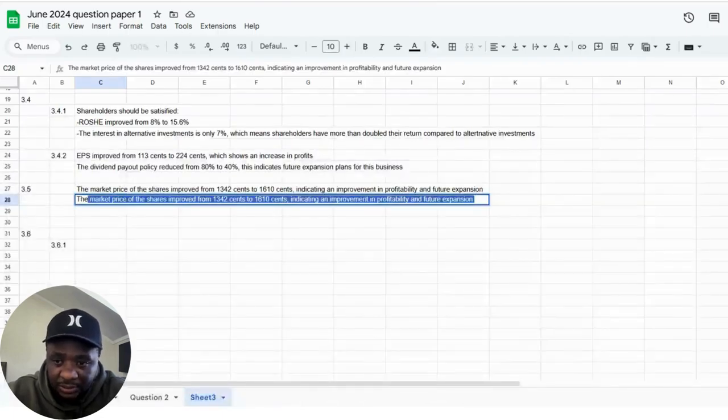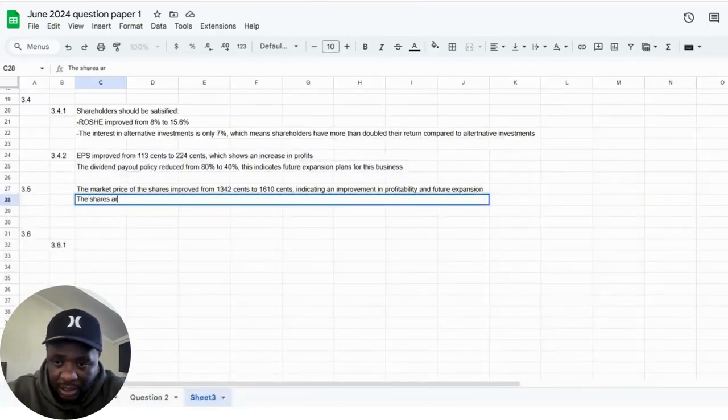The shares are currently trading higher than the net asset value. The net asset value, which is 1523.